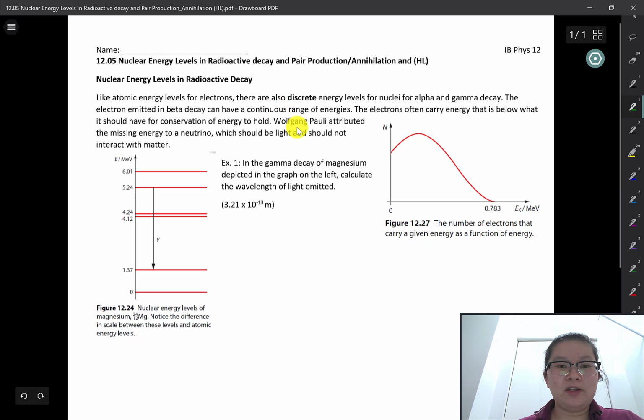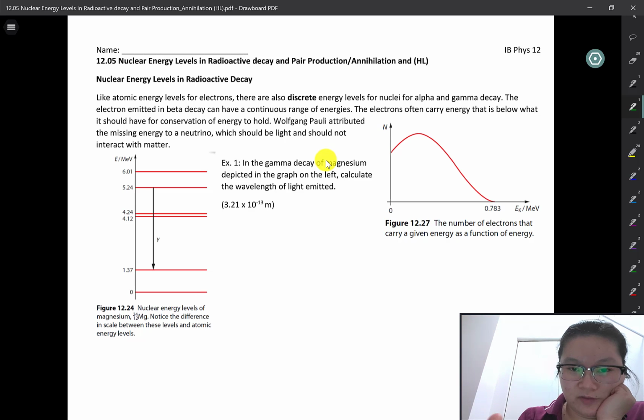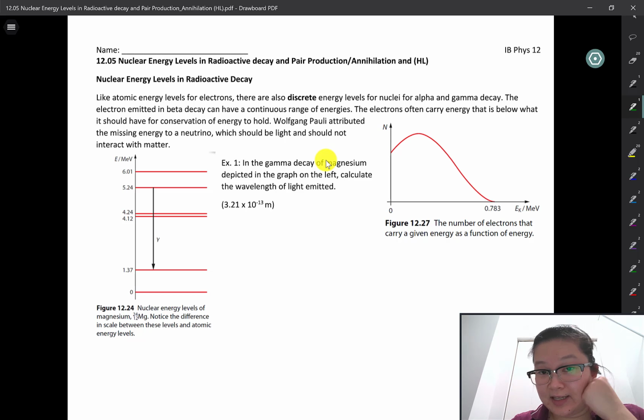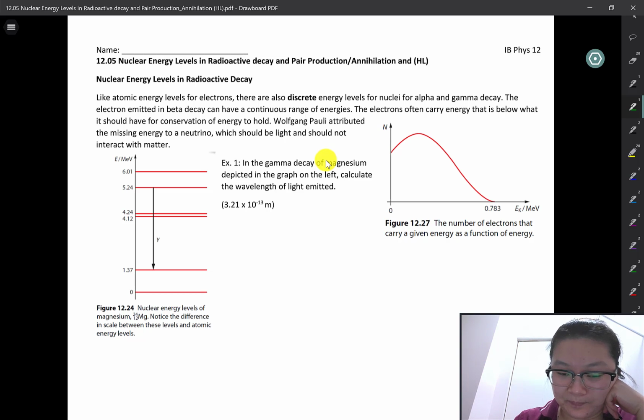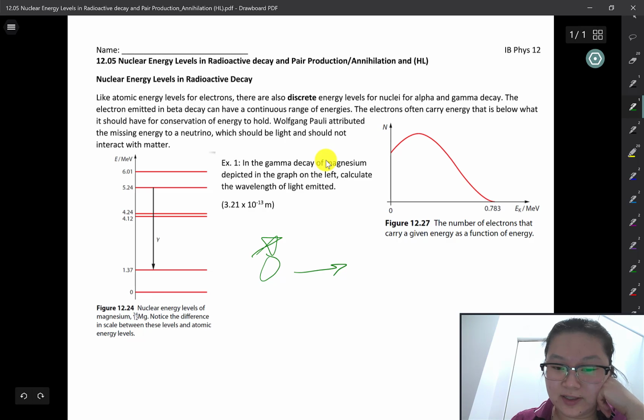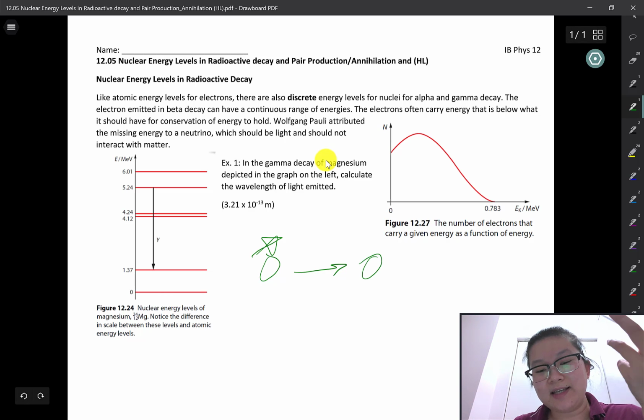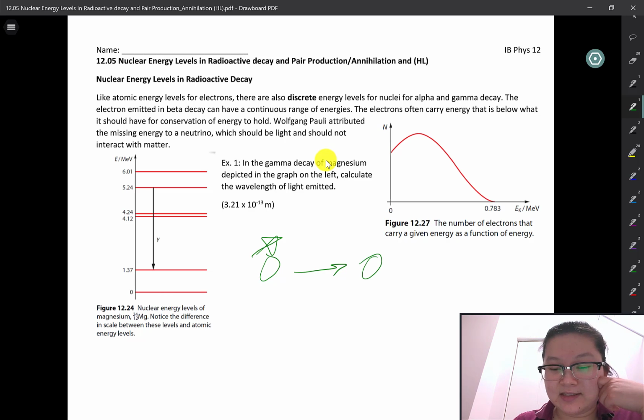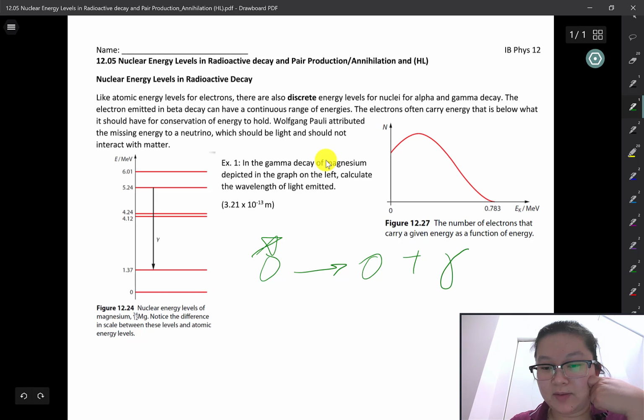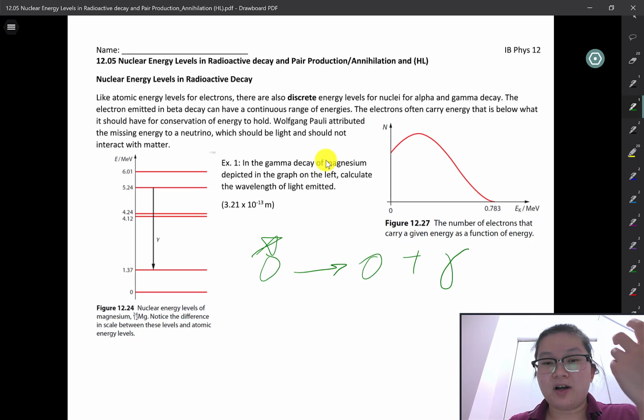And I'm going to do a little introduction here. What we have observed is for specific decays like alpha and gamma decay. For gamma decay, this is easy. You have a very excited nucleus, which then goes to a less excited state, and it ejects a gamma particle in the process, or it ejects a photon, essentially.